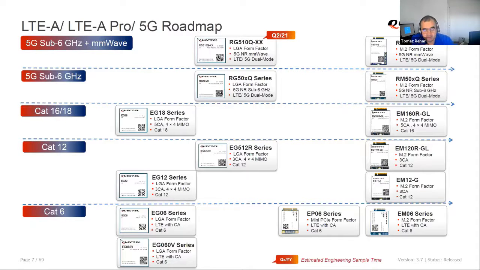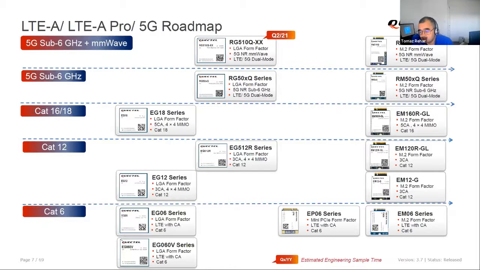Why do I show you this slide? Because the first thing I want to show is that the mini PCI interface, an industrial standard, ends at LTE Cat 6.